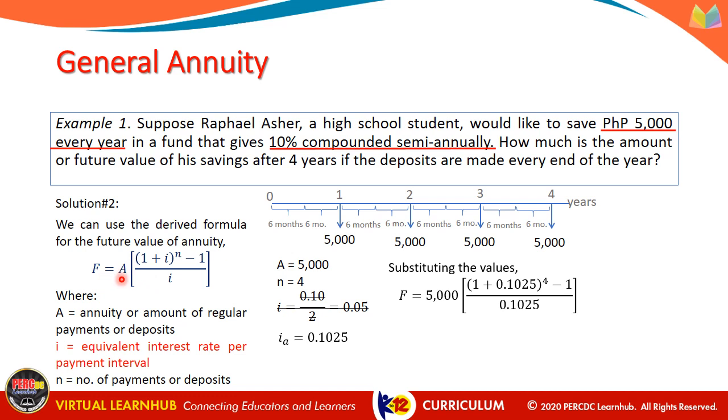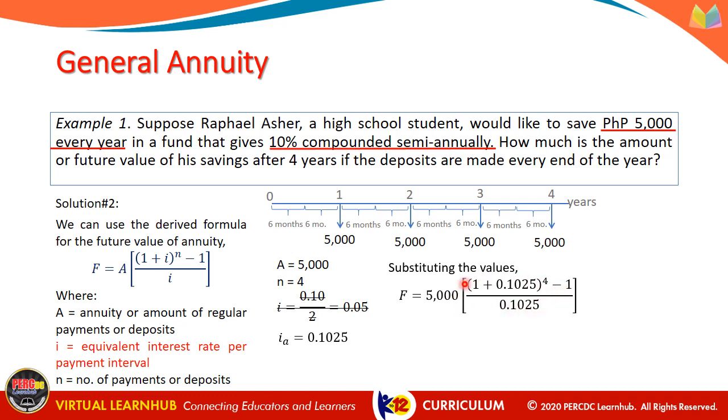F is equal to A times quantity 1 plus i raised to n minus 1 over i. We will have F is equal to 5,000 times quantity 1 plus 0.1025 raised to 4 minus 1 over 0.1025.